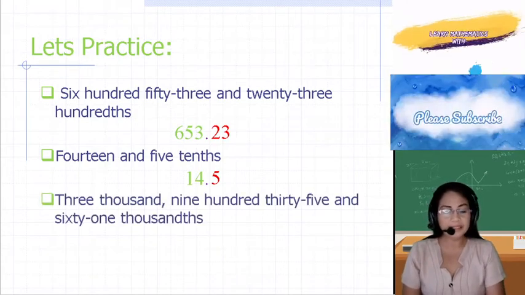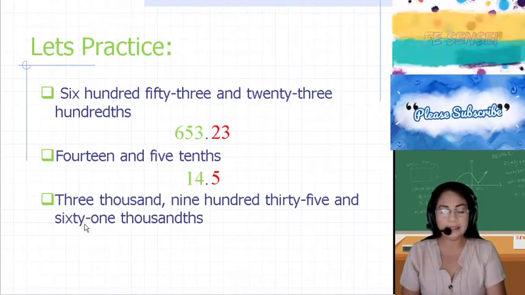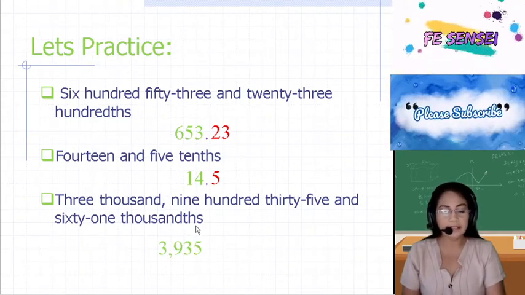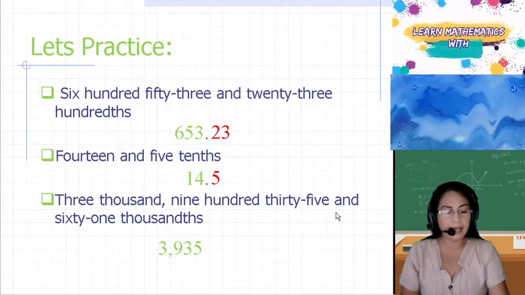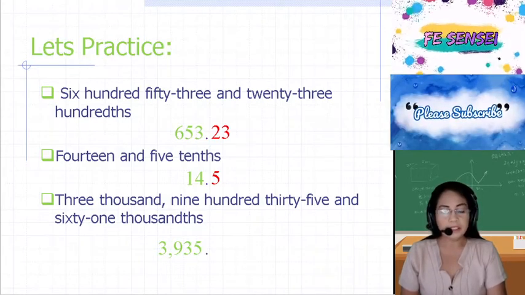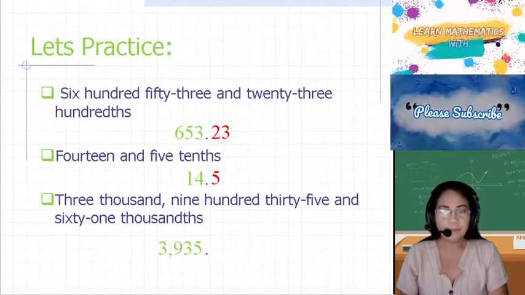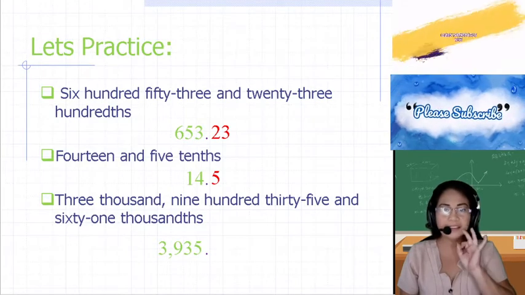3,935 and 61 thousandths. So that's it. 3,935 and 61 thousandths. After the decimal point, we have tenths, hundredths, thousandths.